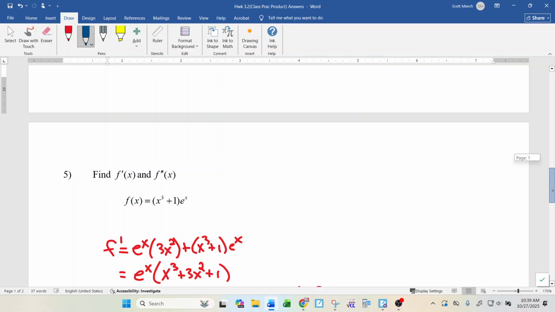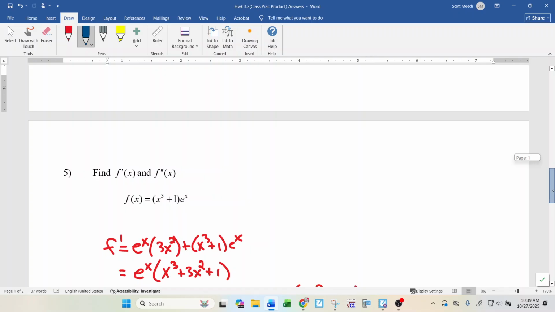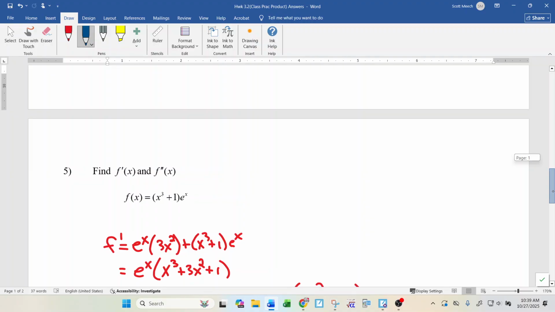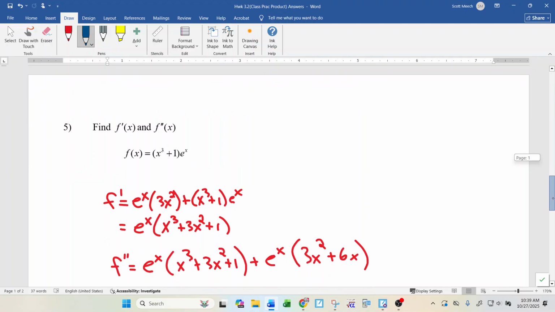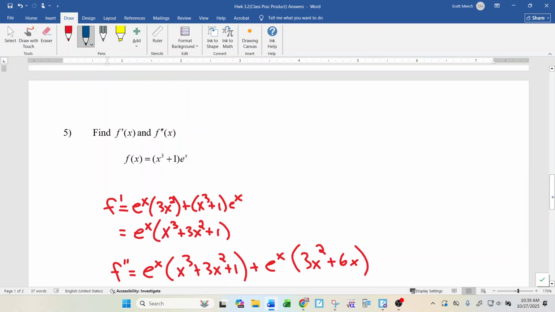Otherwise, I would have to do product rule of the first and product rule with the second part, right? You'd have 2 product rules. By factoring it out and rewriting, I only have 1 product rule to get to there.